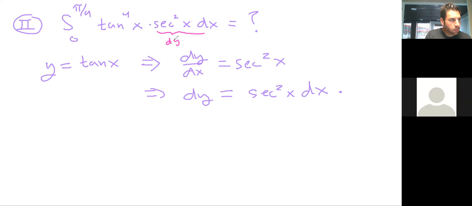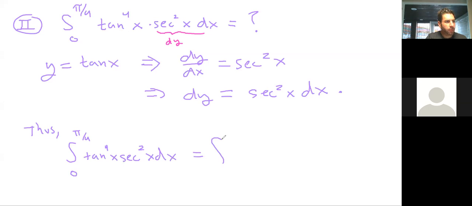This is just dy. And so what we do then is we say, okay, great. Our original integral simplifies to nothing more than y to the fourth dy.